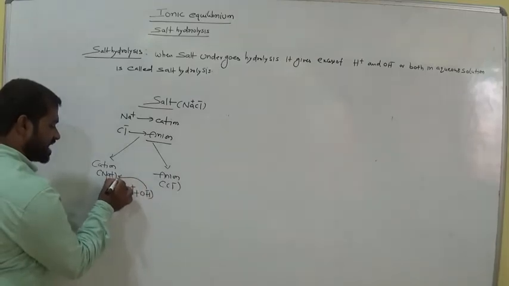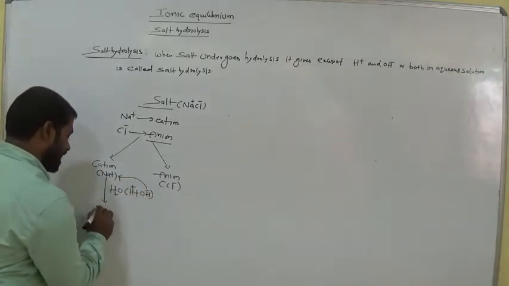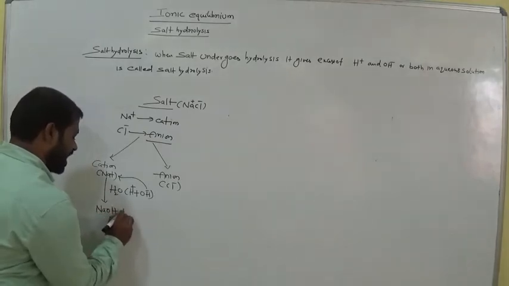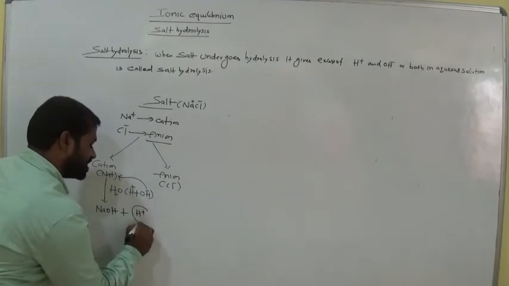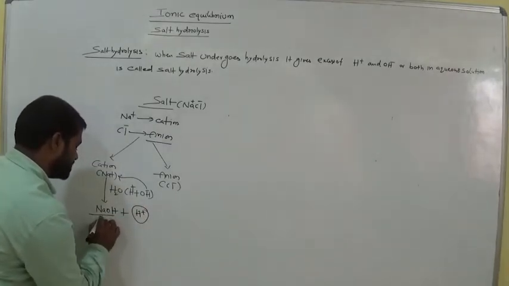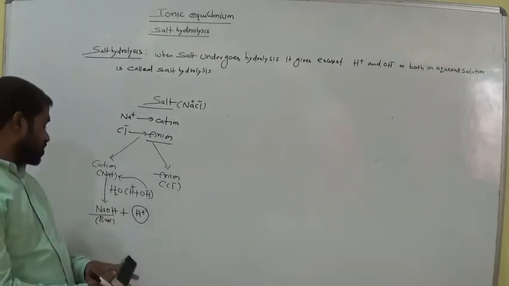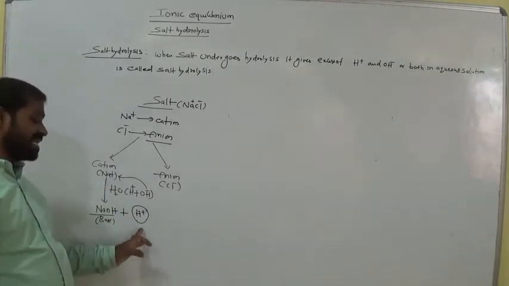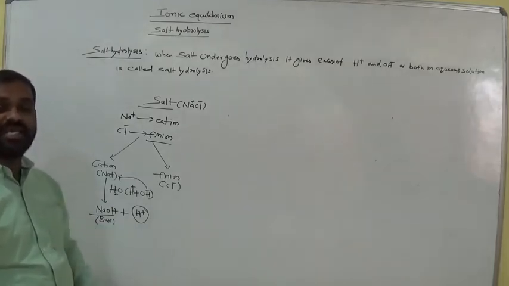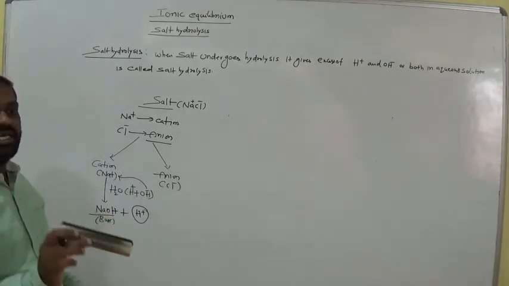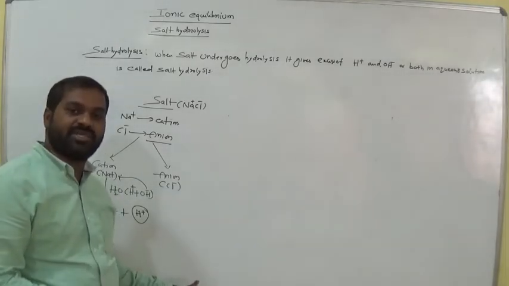Now positive and negative interact, so what does it give? NaOH, which is called a base. And what is the remaining one here? H plus in the solution. So in the solution we have the base and also excess H plus. Excess H plus means the nature of the solution is acidic. If more H plus is possible in the solution, then the nature of the solution is acidic.